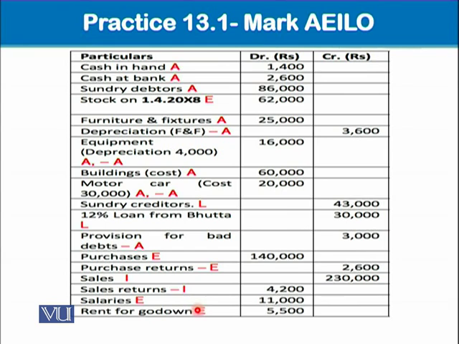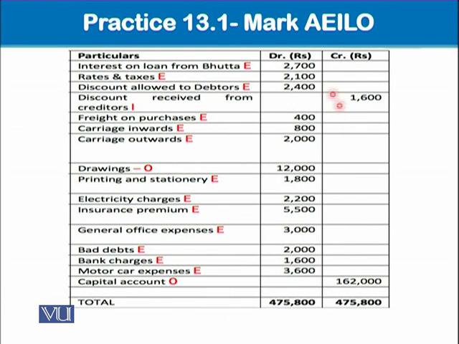Salaries go down. Rent is an expense. Then comes interest on loan from Bhutta appearing in the debit side. Obviously, any item appearing in the debit side would be an asset or expense. So this cannot be your asset. This is your expense. Why am I saying this?